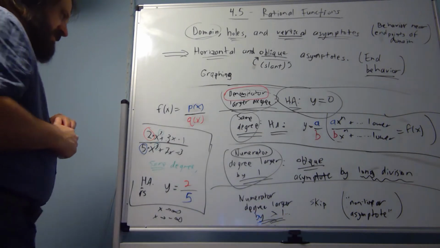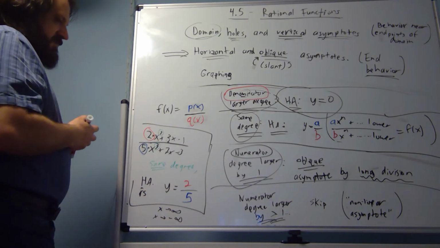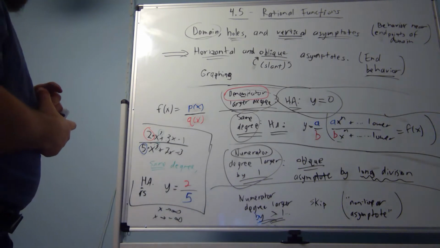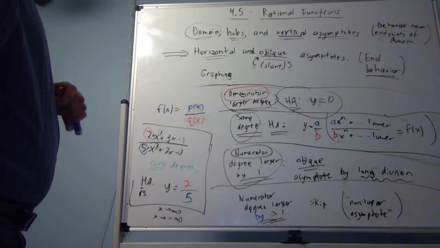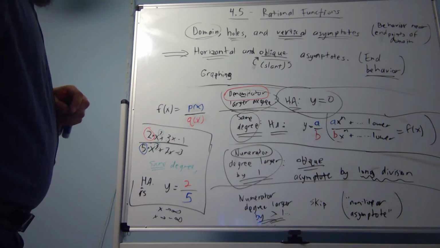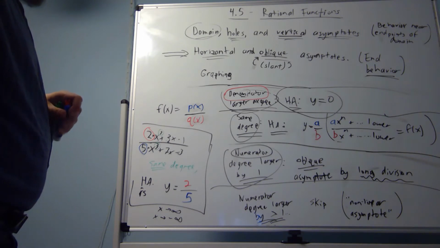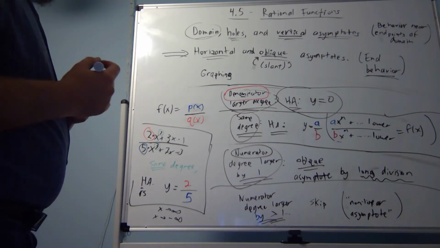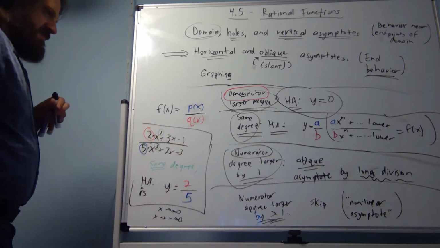Case number 3 is if the numerator has degree that's exactly 1 larger than the degree of the denominator, then you have to do long division, and what you'll be left with is a linear function plus something that goes to 0. And then whatever ax plus b is will describe the slant asymptote. So that'll be the last thing that we do.